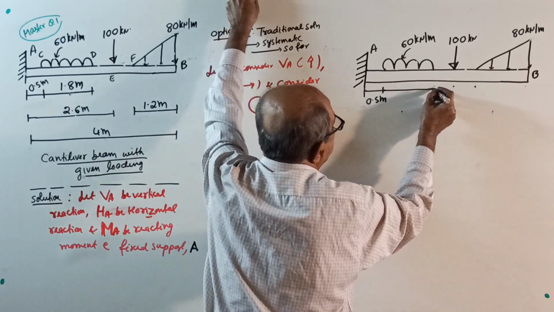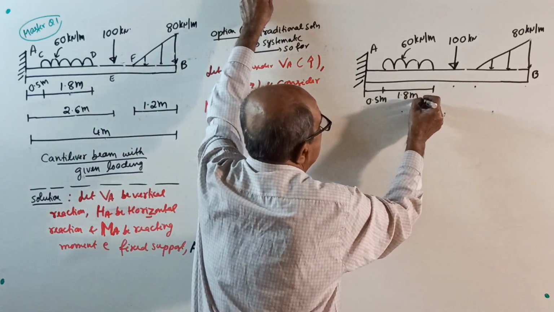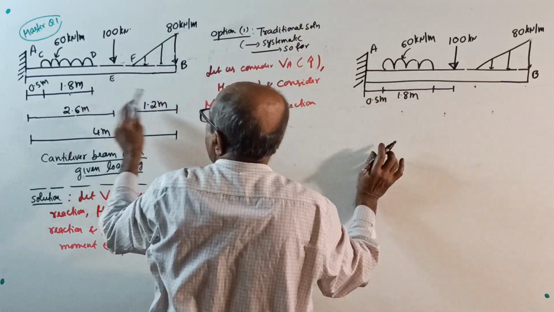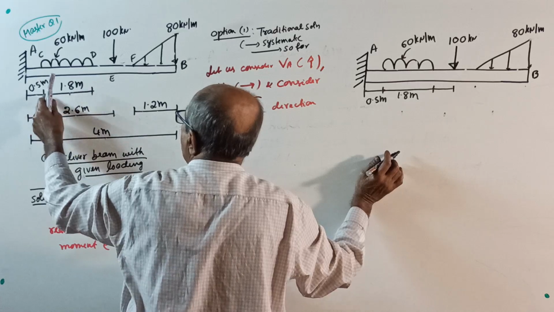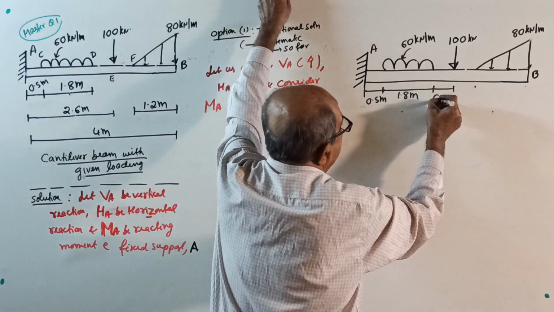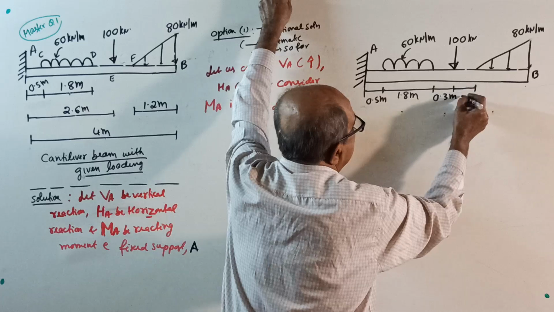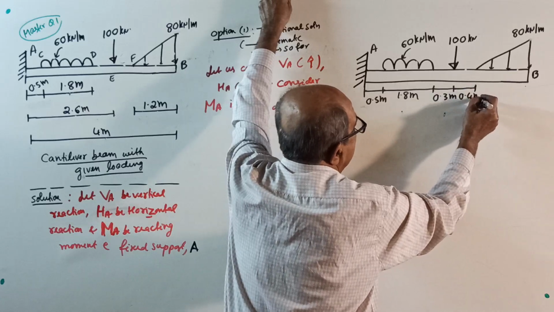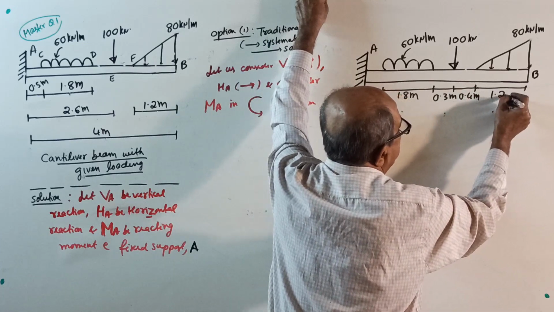This loaded length of UDL is 1.8 meter. This gap to the point load is 2.6 minus 0.5 minus 1.8, 0.3 meter. I already explained. This gap is 0.4 meter. And this loaded length is 1.2 meter.